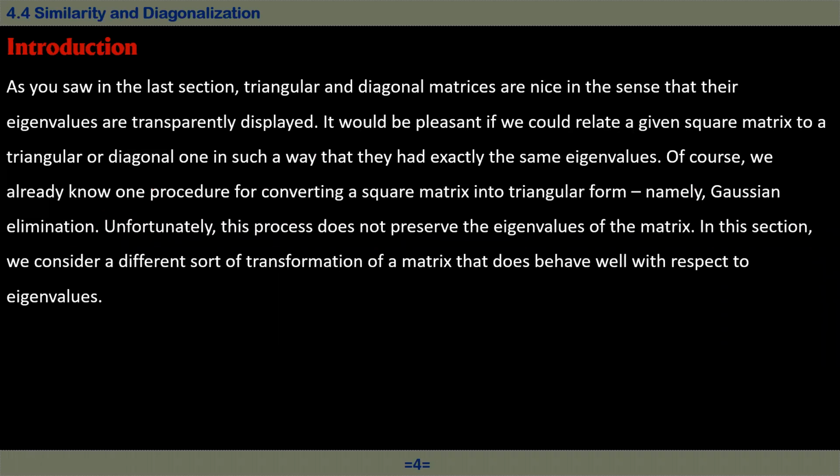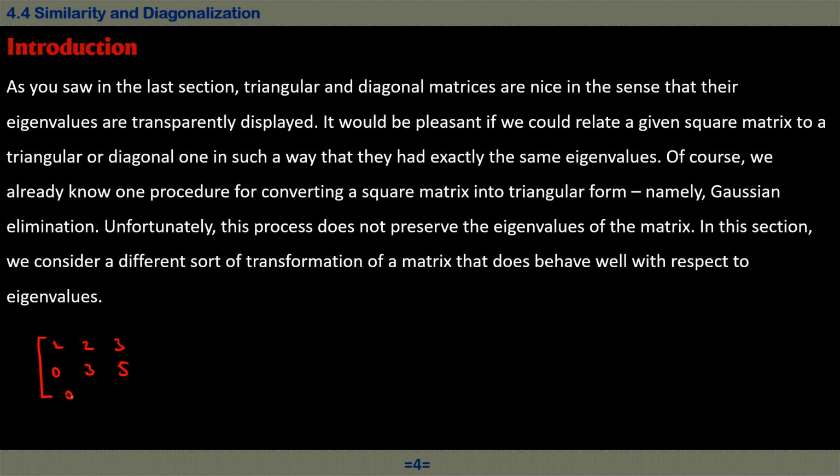Okay. As you saw in the last section, triangular and diagonal matrices are nice in the sense that their eigenvalues are transparently displayed, because if you remember when we talk about a diagonal matrix, for example, let's say something like this. Say here we have 1, 2, 3. Here we have 0, 3.